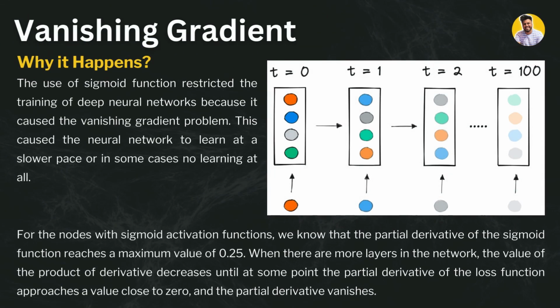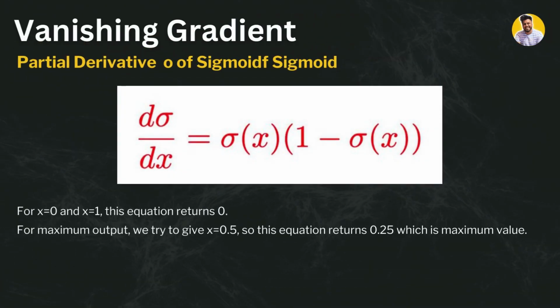Now, why does it happen? The use of the sigmoid function is restricted in training deep neural networks because it can cause the vanishing gradient problem. This causes the neural network to learn at a slower pace and in some cases not at all. The maximum value of the partial derivative of the sigmoid function is only 0.25.